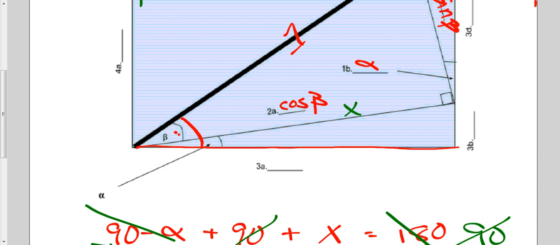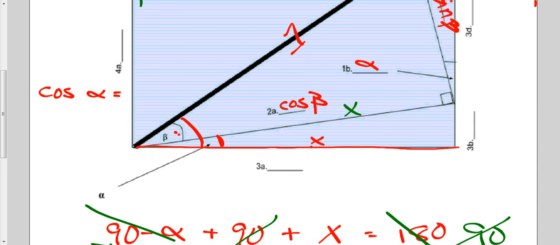Well, if I had to say, let's call this x again. Sine of alpha, I'm using the wrong trig function here. Which trig function should I be using? Cosine. Cosine alpha equals, this is angle alpha here, right? So cosine of that equals what?